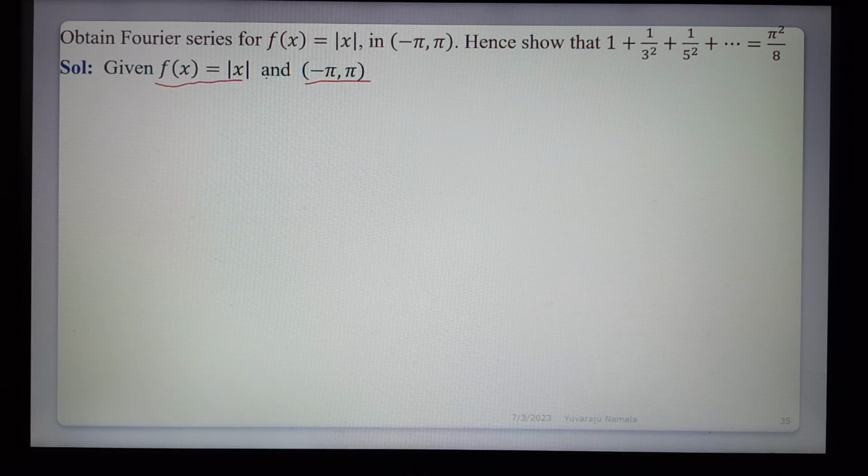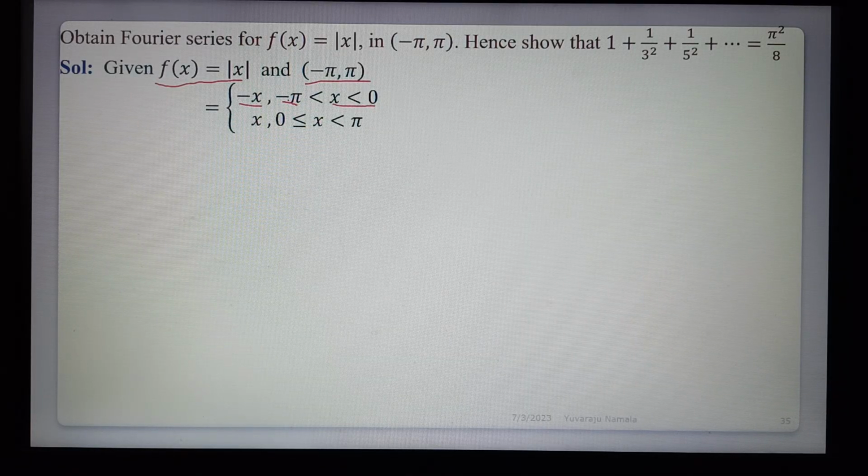The mod x function is defined differently for x less than 0 and x greater than 0, with 0 lying between -5 and 5. It can be written as |x| = -x when -5 < x < 0, that is, for x less than 0, the values before 0 down to -5.